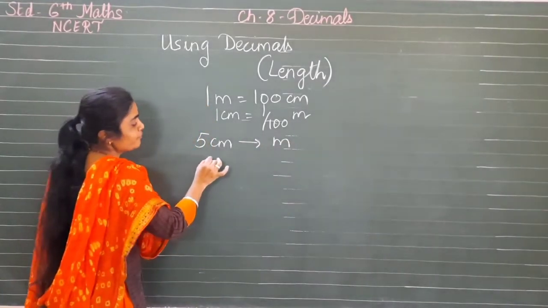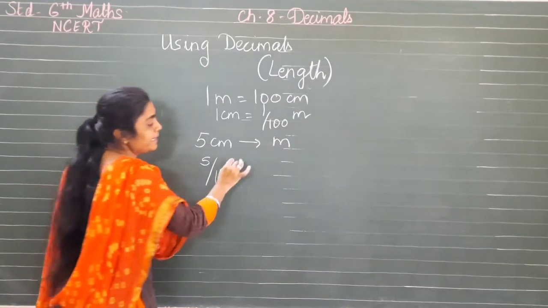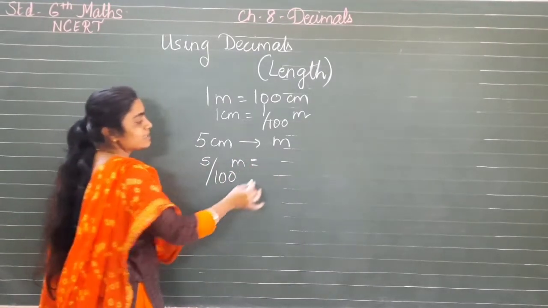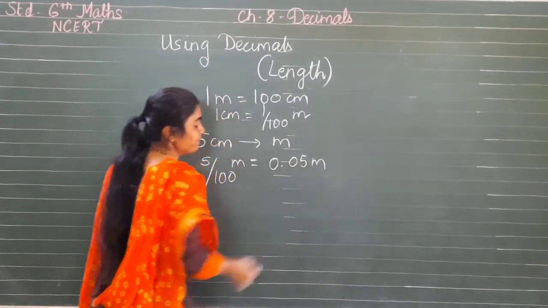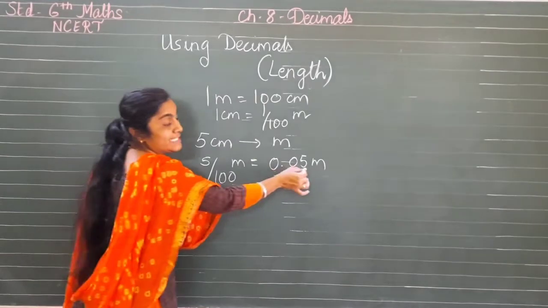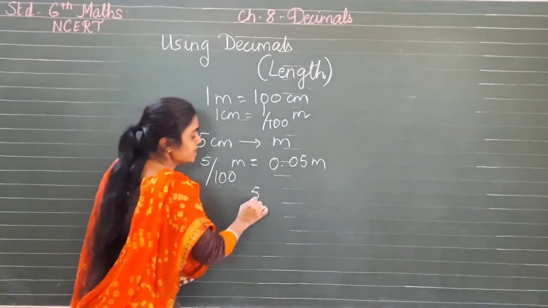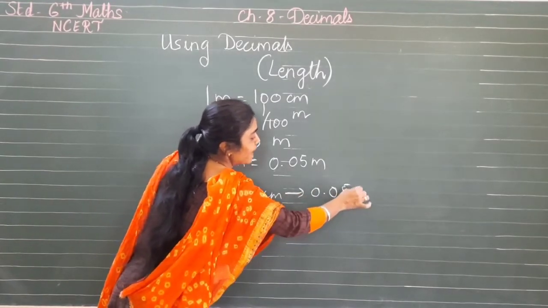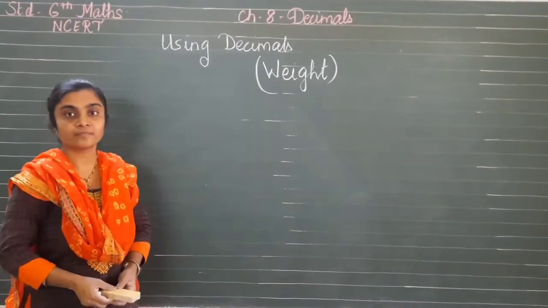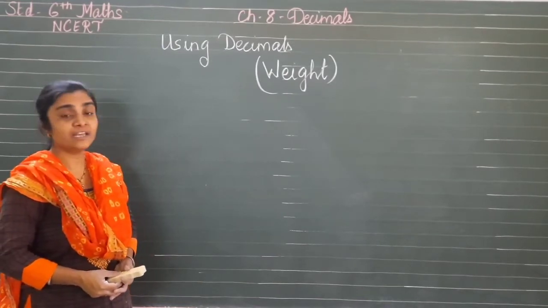So 5 centimeter will become 5 upon 100 meter. So the answer will be 0.05 meter. 2 zeros, so 2 digits after the decimal point. So 5 centimeter is converted into 0.05 meter.